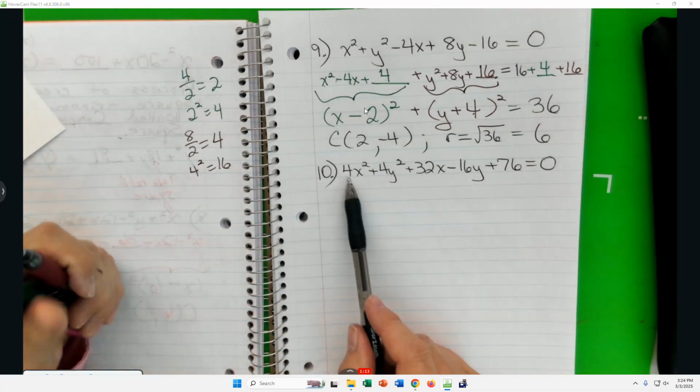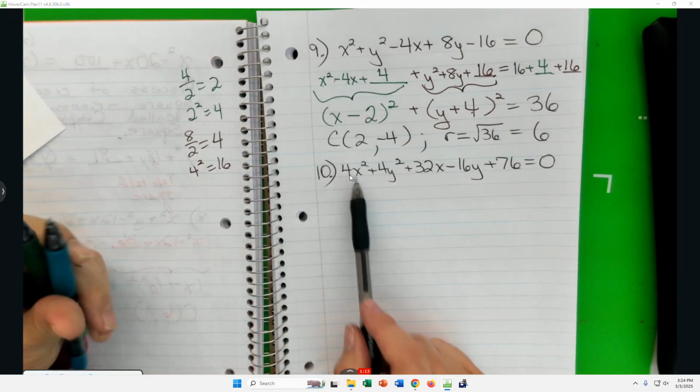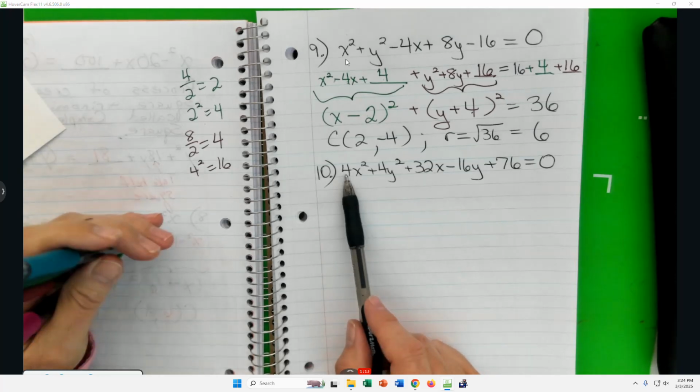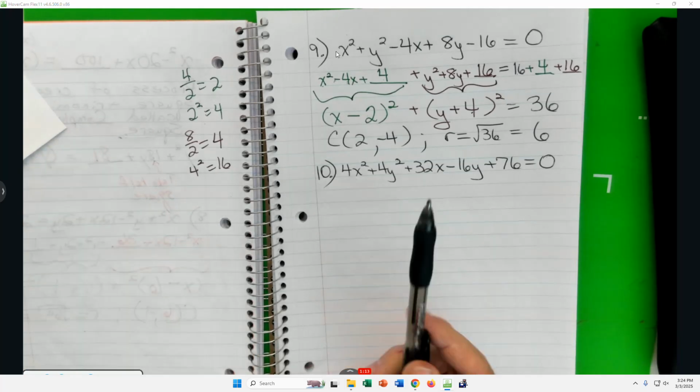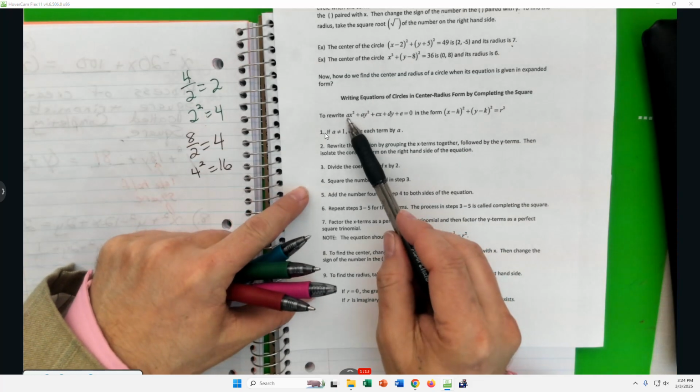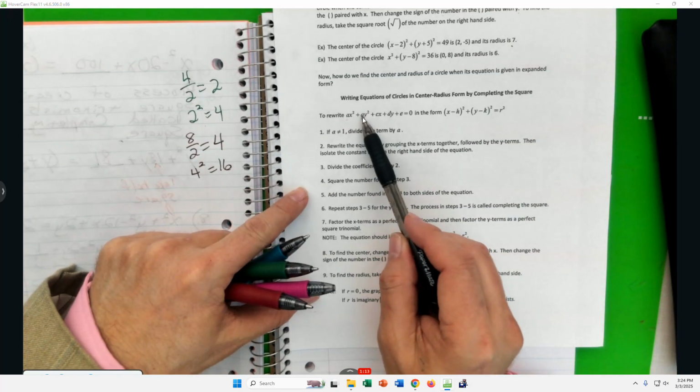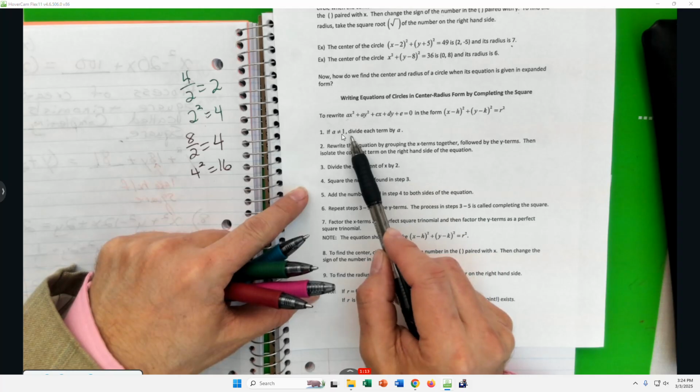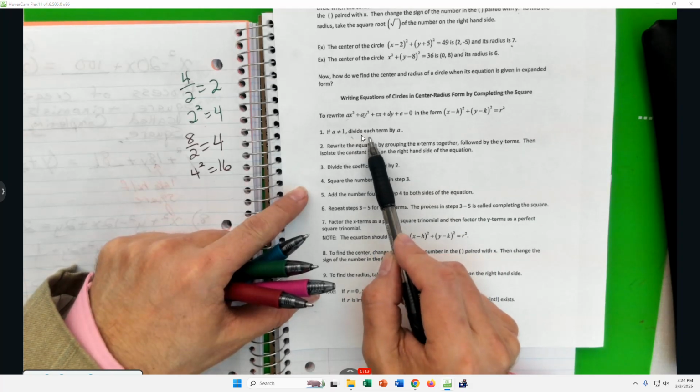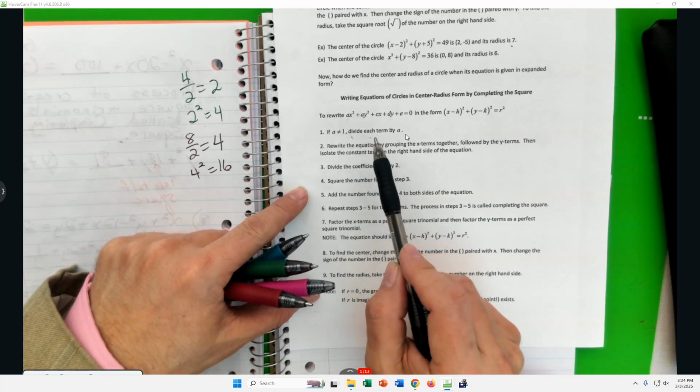The way they have that 4 there, that looks like it's not a simple trinomial. We need a 1x squared. That's what I said here on this handout. A is the number in front of x squared and y squared. If a doesn't equal 1, you're going to have to divide every term by a in order to get it looking like numbers 8 and 9.